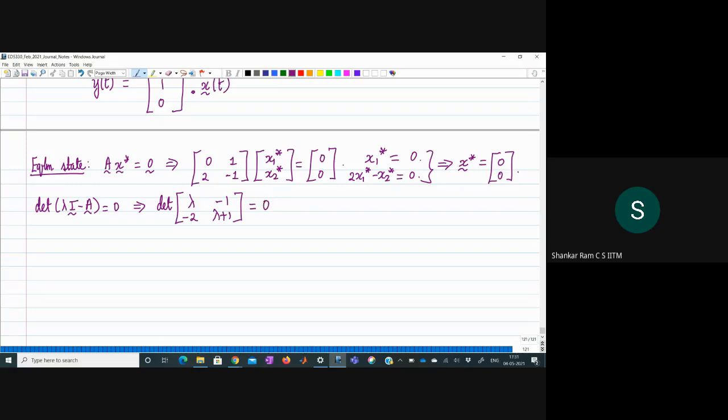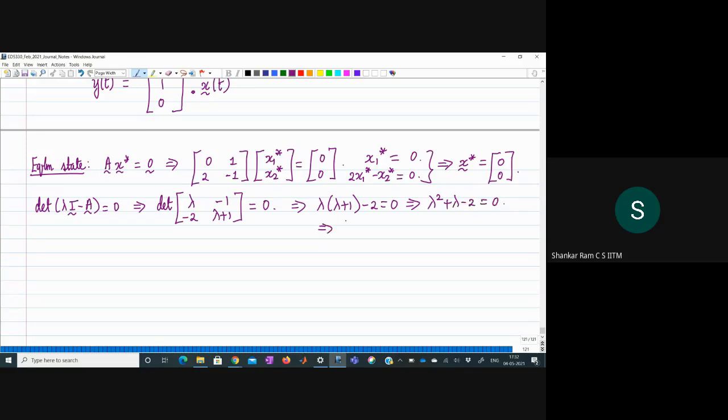Am I correct in my calculation? Yes, that's right. If we calculate the determinant, we will get lambda times lambda plus 1 minus 2 equal to 0. We will get lambda squared plus lambda minus 2 equal to 0.